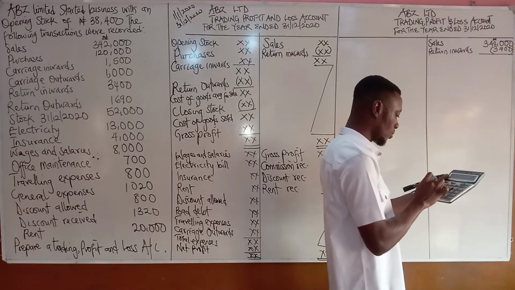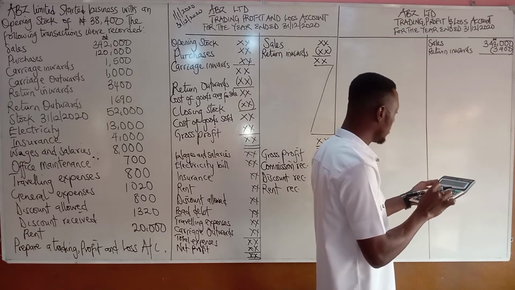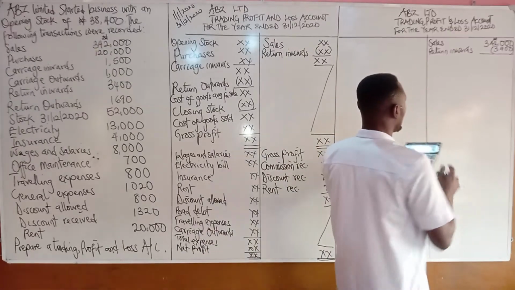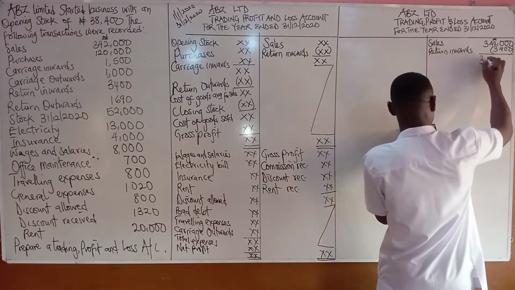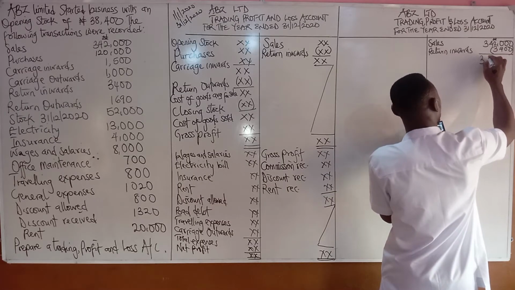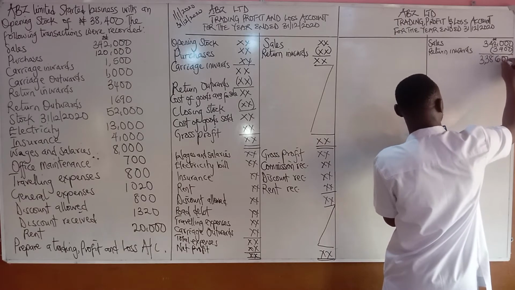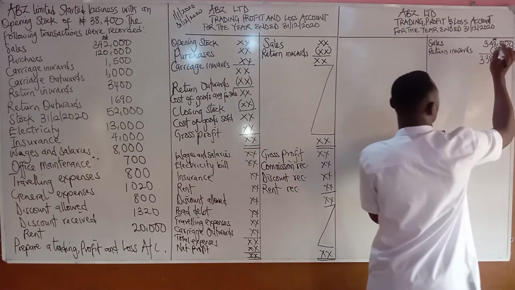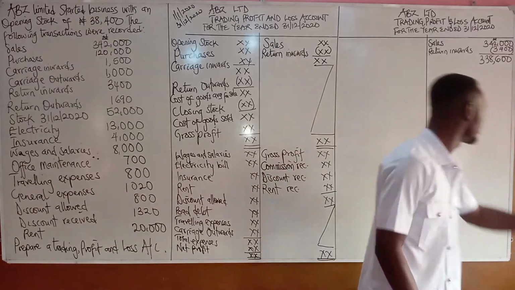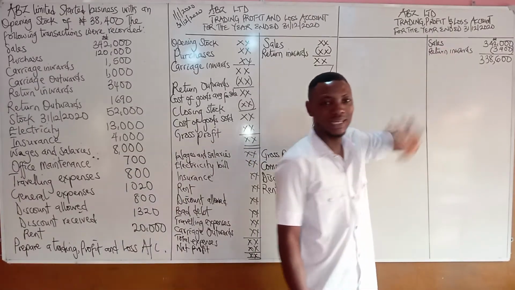So I have 342,000 minus 3,400. That will give me 338,600. Now this is the value of the goods we sold. I'm done with this on trading account.